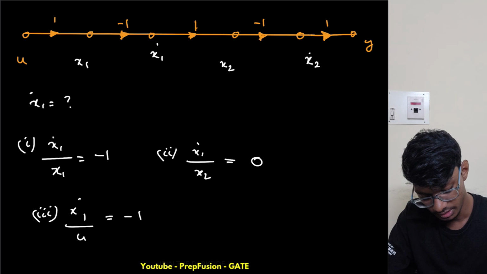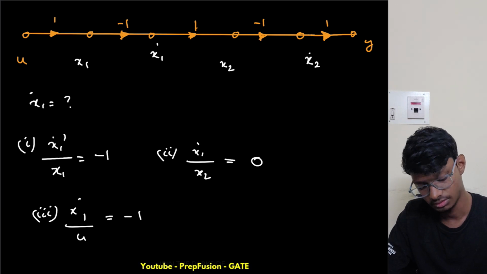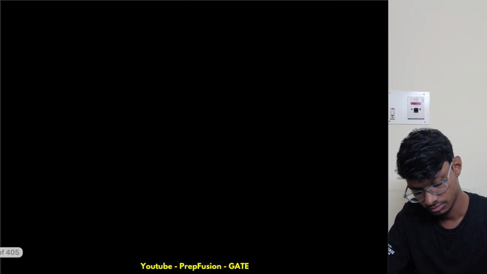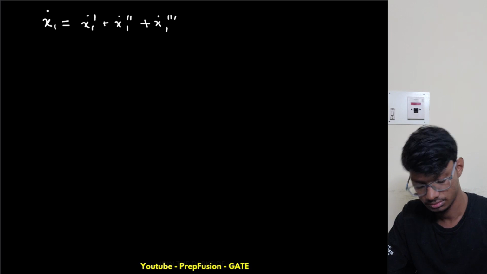So let me name these as x1 dot dash, double dash, and triple dash. So my overall x1 dot will be equal to x1 dot dash plus x1 dot double dash plus x1 dot triple dash.